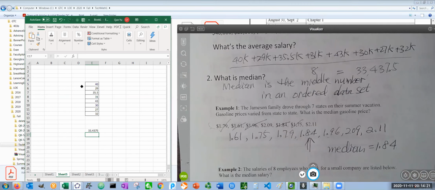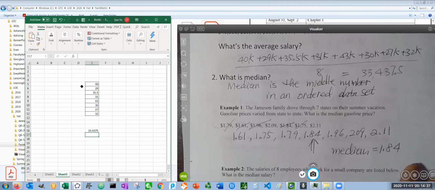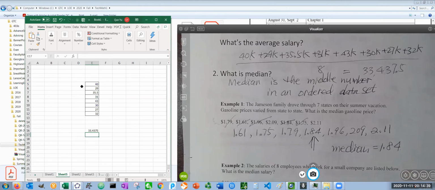So 1.84. Now, before we move on to the next example, let me explain. Besides the simple mean, the median is also a way to measure average.